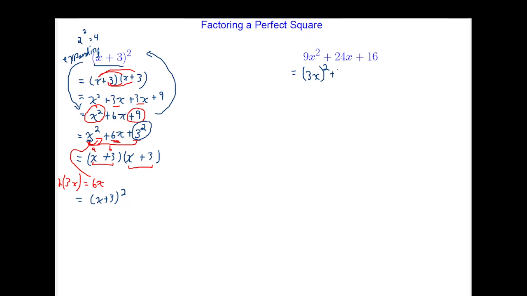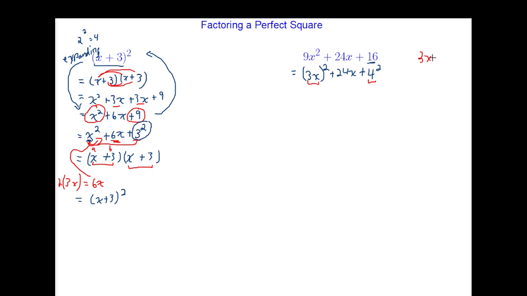We'll keep the 24x here. And then we have 16, which is also a perfect square. 16 we could write as 4 squared. Now, just like we did over here, as long as we can take the product of these two perfect squares, 3x times 4, maybe I'll just write that off on the side here in the margins.